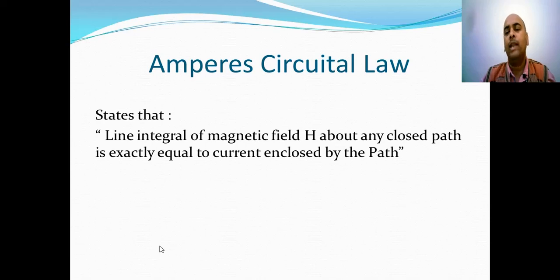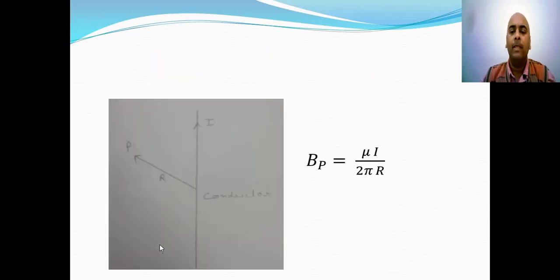In order to derive Ampere's circuital law, let us suppose we have a conductor and current I is flowing through this conductor. The magnetic field at point P, which is at radial distance r from the conductor, can be computed by using that magnetic field B is equal to mu I upon 2 pi r.